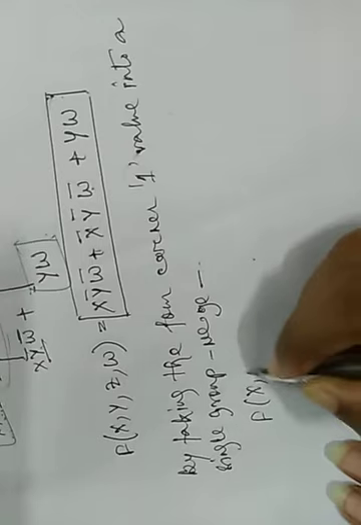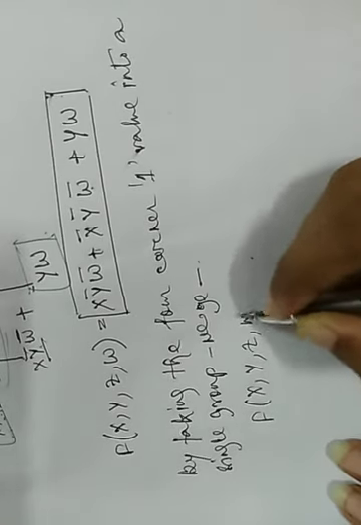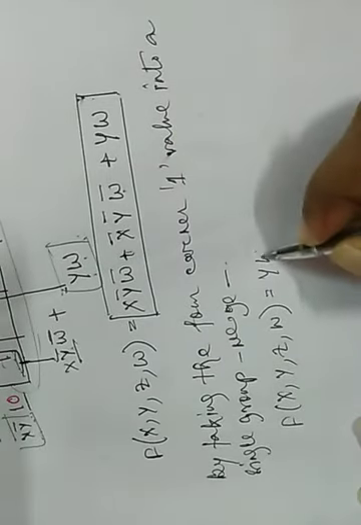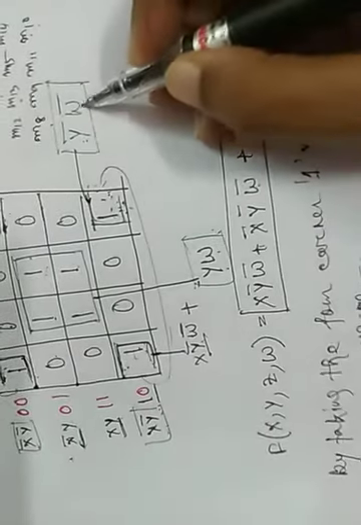If we consider four ones, we get two values: f(x, y, z, w) equals y w plus y bar w bar. So obviously this is much more simplified than the previous one.